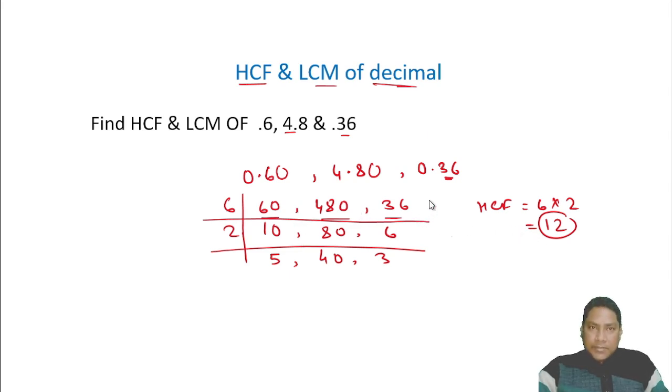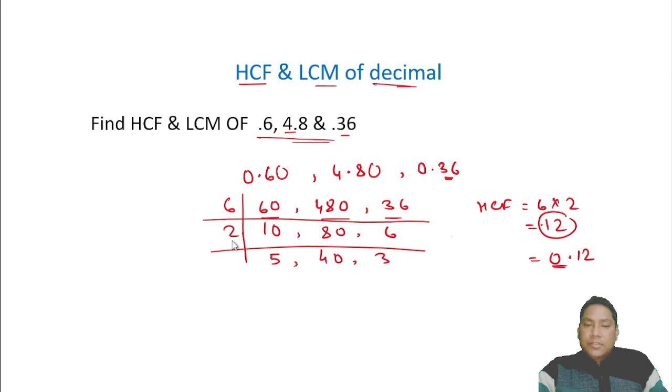But it is given in decimal format. We have taken two digits after the decimal, so we will write it as 0.12. We will put the point here. It will become 0.12. This is the actual HCF of these numbers.